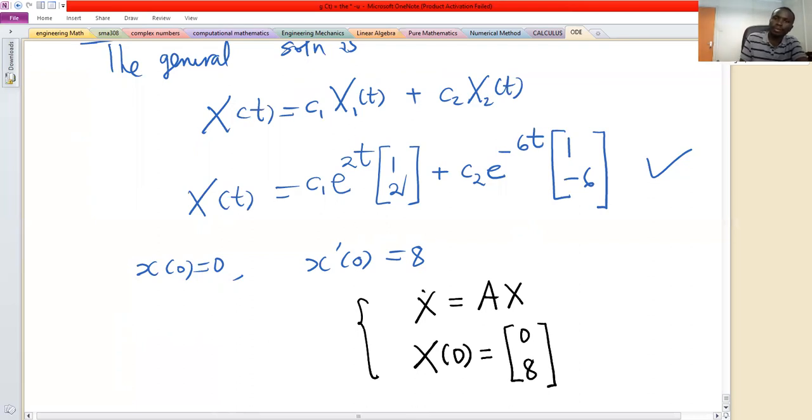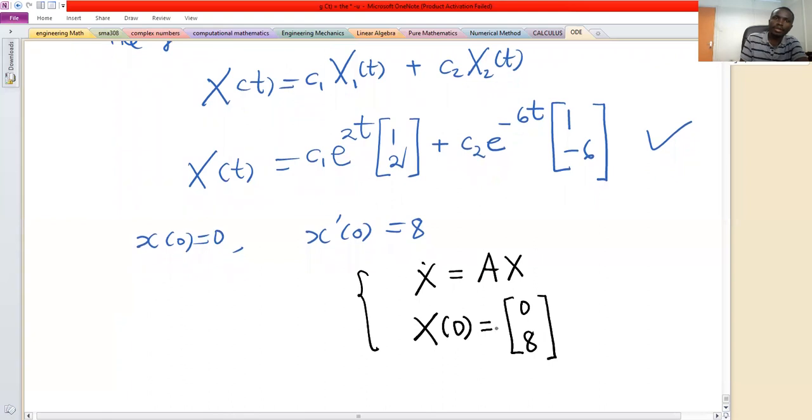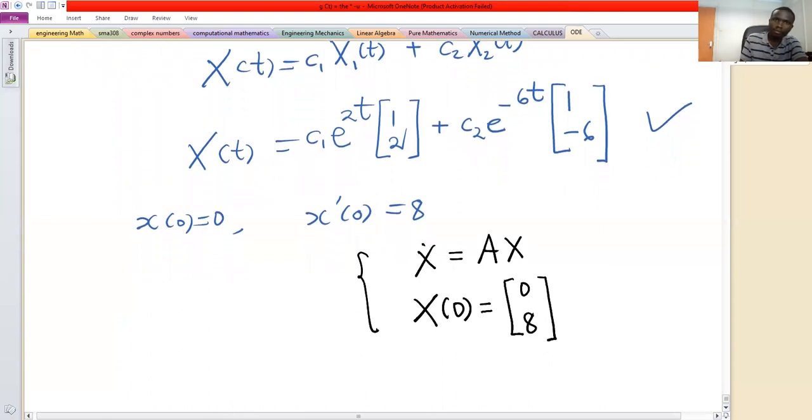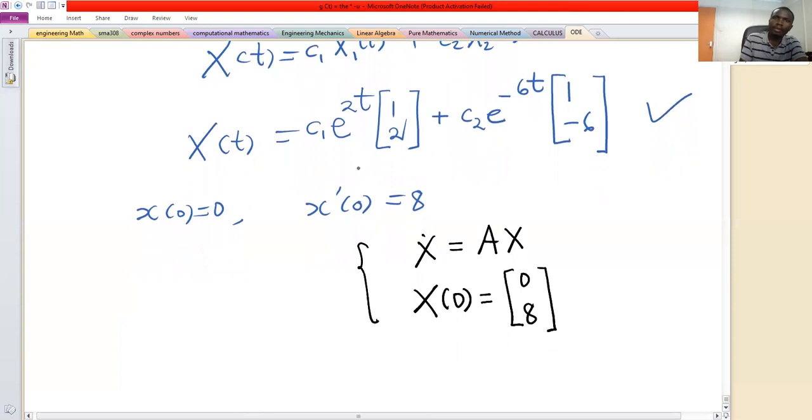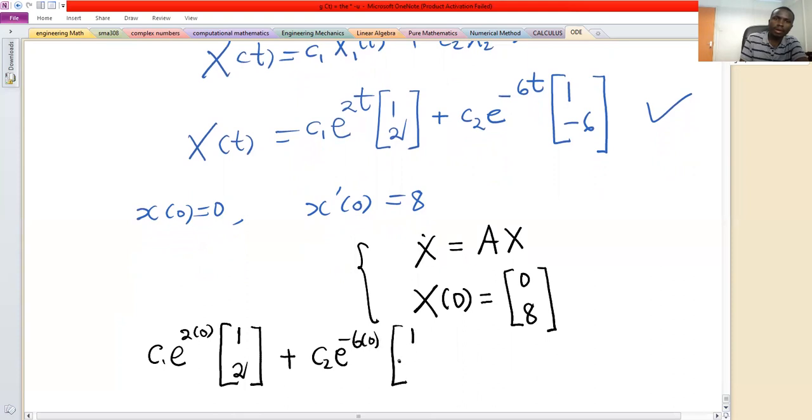So when you put 0, we'll have c1 e raised power 2 times 0 times (1, 2) plus c2 e raised power minus 6 times 0 times (1, minus 6) should give us (0, 8).